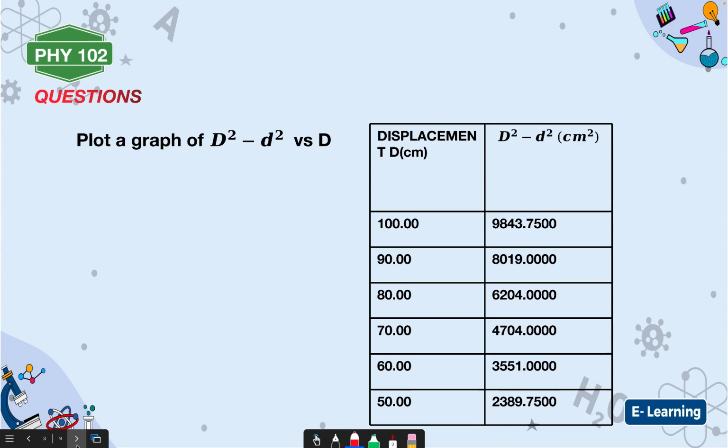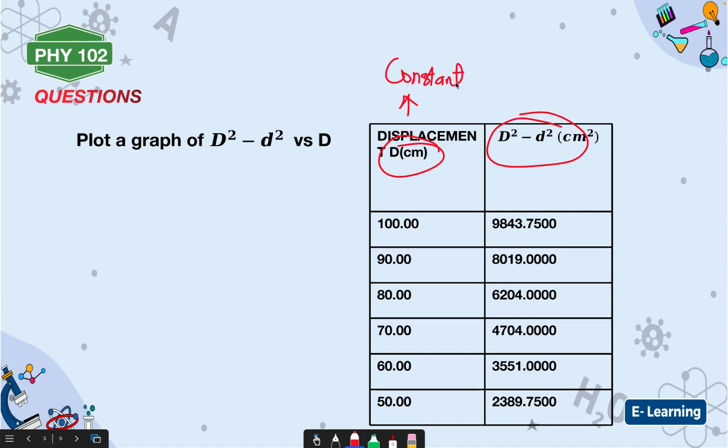Now, having filled the table, the next thing is you should plot a graph of D squared minus d squared versus D. That is a graph of this column which I brought out against this displacement value. Now you know that for each of the practicals, this displacement value is constant. Right?